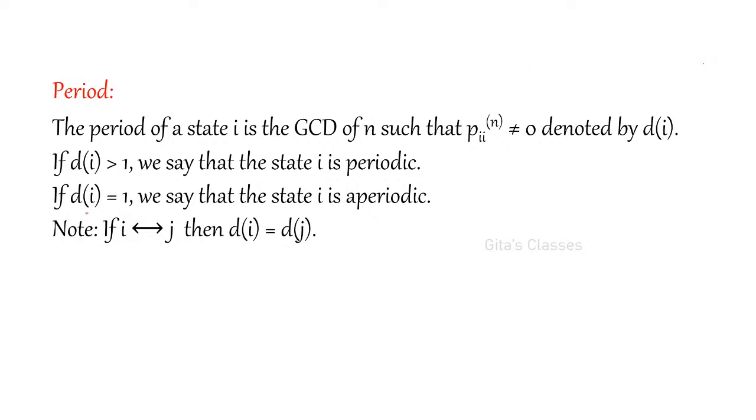If the period is 1, it is called aperiodic. If it is greater than 1, it is called periodic, and whatever number you get is the period. If i and j communicate with each other, then the period of i will be equal to the period of j. We'll see one example.